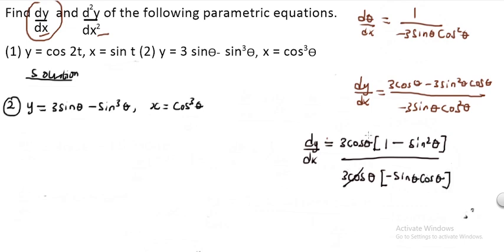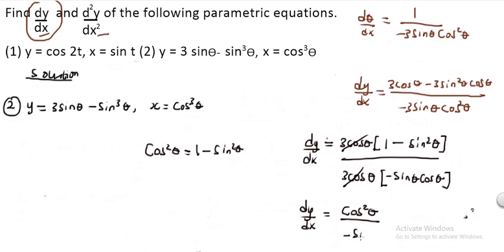So that this cancels out this, and I have dy/dx is equal to, now it turns out from trigonometric identity, cos² θ is equal to 1 minus sin² θ. So I'll replace 1 minus sin² θ with cos² θ here. So this becomes cos² θ divided by minus sin θ cos θ. So I can say cos θ here is 1, cos θ here, there's a cos θ left.